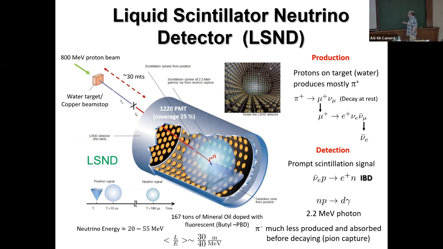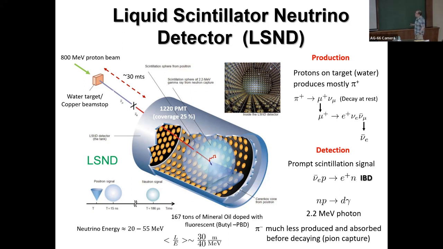Well, the production is pretty much the same as what we have been talking about, the beam. The difference here is a beam stop that forces the pion to decay at rest. So in principle, from that, you have the possibility of this antineutrino oscillating to electron antineutrino.